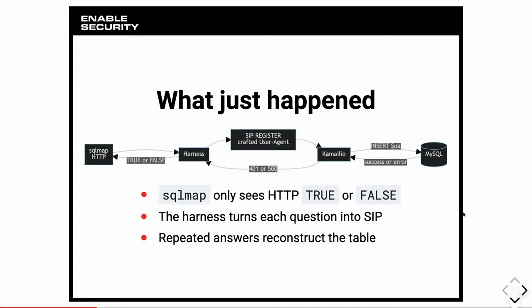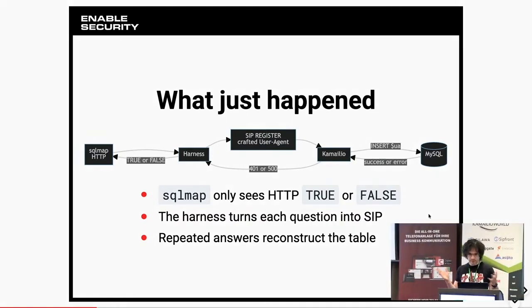Okay. Now, the way it's working is something like this. You have this Boolean SQL injection tool that asks many yes and no questions. That's essentially SQLmap. And the harness makes each yes and no question travel through SIP via the user agent header.